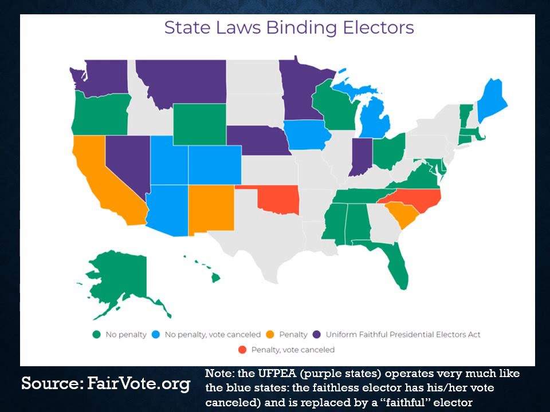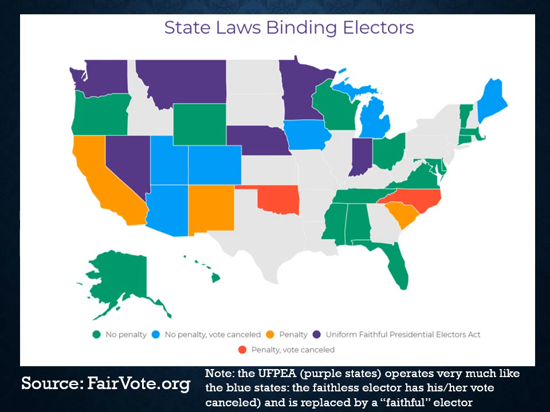Now, what have states done on this? Well, the states in gray have not passed laws restricting the behavior of electors, and that means electors in those states can vote any way they want to. And this includes some very large states like Texas, New York, Pennsylvania, Illinois, and so on. Now, the ones in green have no penalty for an elector who is faithless or who votes against the wishes of the people.